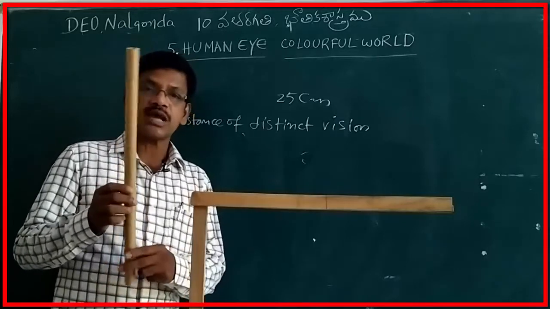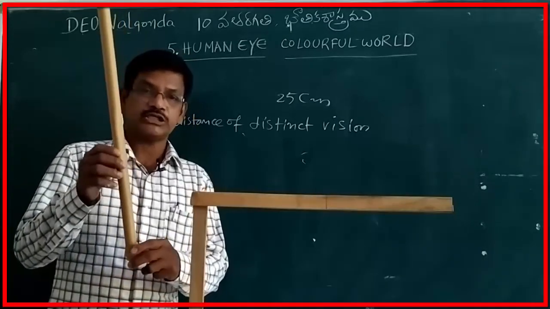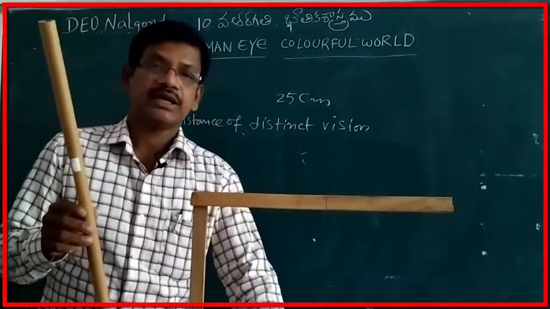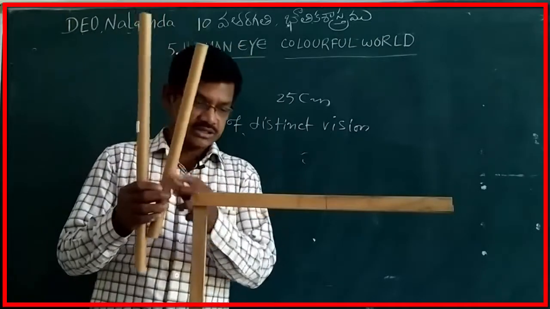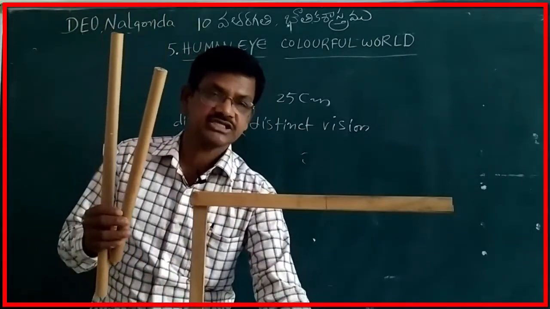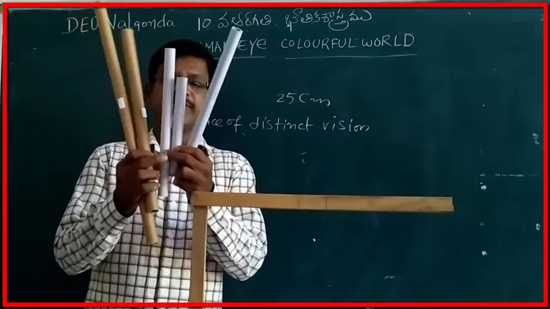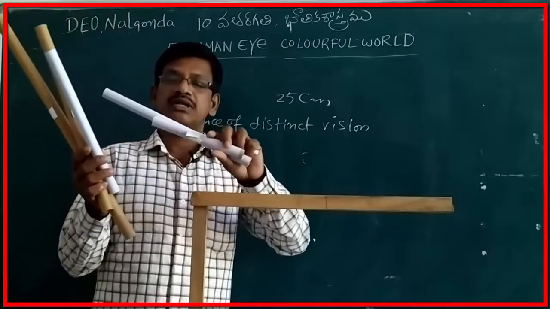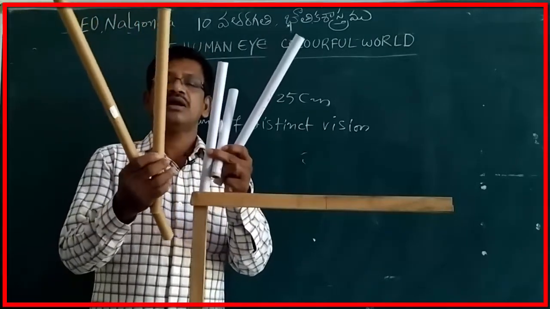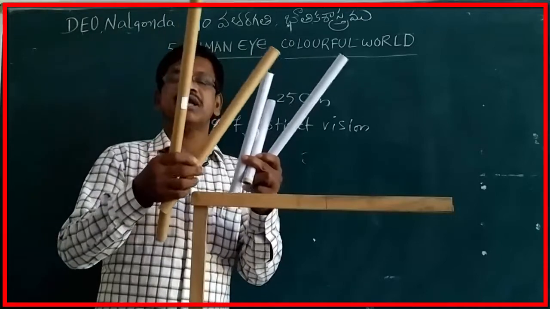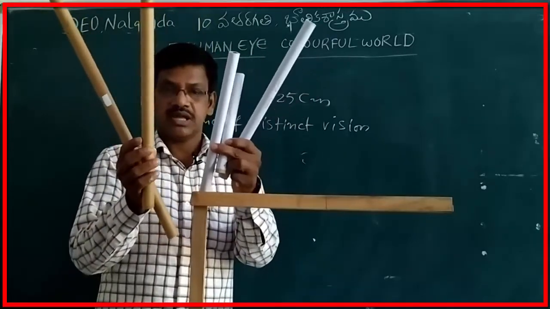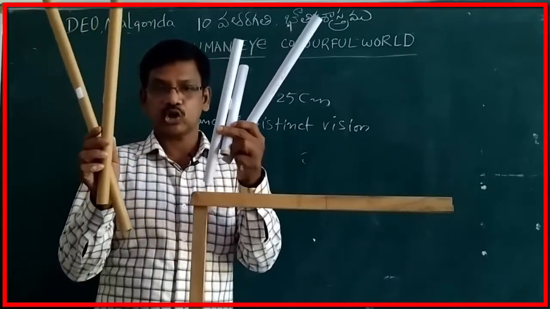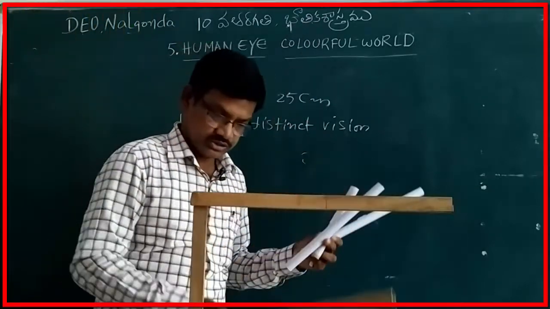You also take some rolls that are used in cloth shops to cover the clothes and cut those rolls into different pieces like this: 20 centimeters, 30 centimeters, 35 centimeters, 40 centimeters and 50 centimeters. I prepared these pipes of different lengths using the rolls available in cloth showrooms.